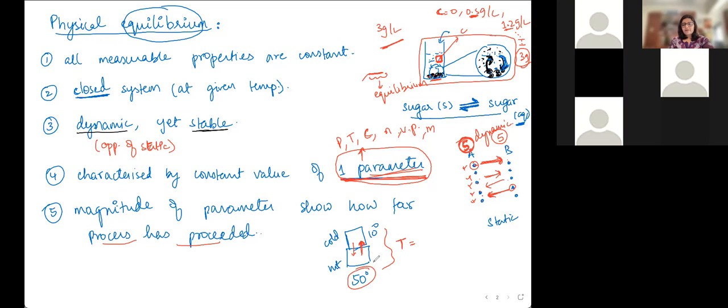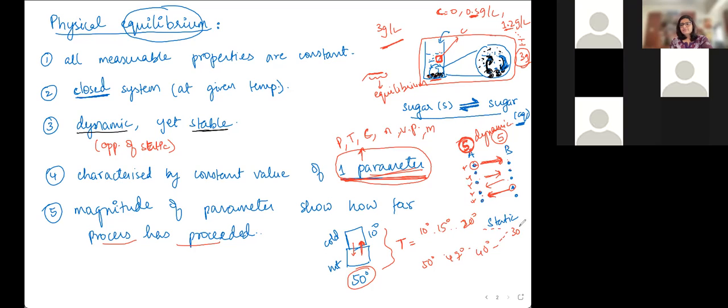So pehle, if I look at the temperature, upar cold substance ka was at 10 degrees, niche it was 50 degrees. Then this increases to 15, this decreases to say 47 degrees. This increases to, I don't know, 20 degrees. This decreases to 40 degrees. Temperature will keep changing until they reach a point where both their temperatures are equal.